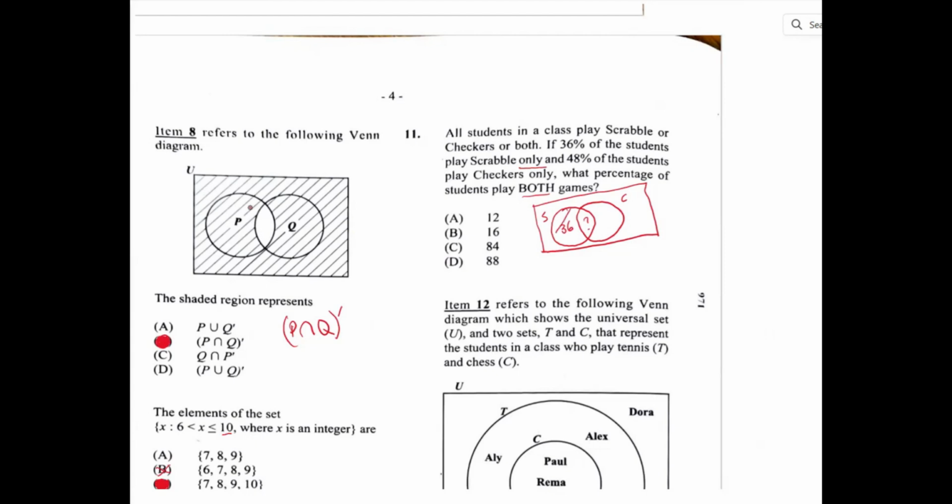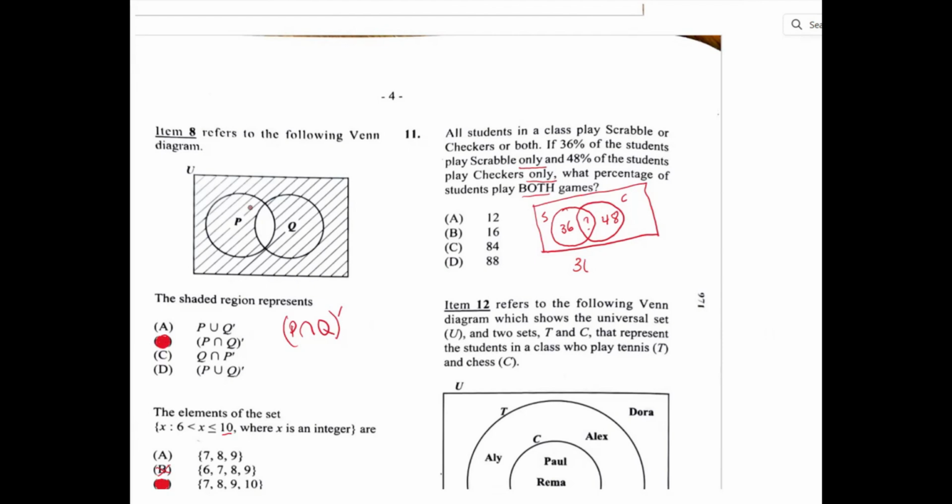This portion of the circle represents Scrabble only and not just Scrabble. Scrabble will be the whole circle. Scrabble only is the left side, where they don't include the people who play Scrabble and checkers. Same thing with the checkers: 48% play checkers only. So that is 48 here. So 36 and 48 plus the center, who are the people who do both, will make up the 100%.